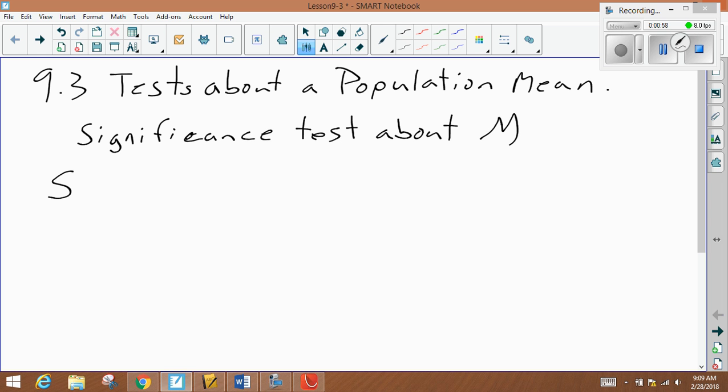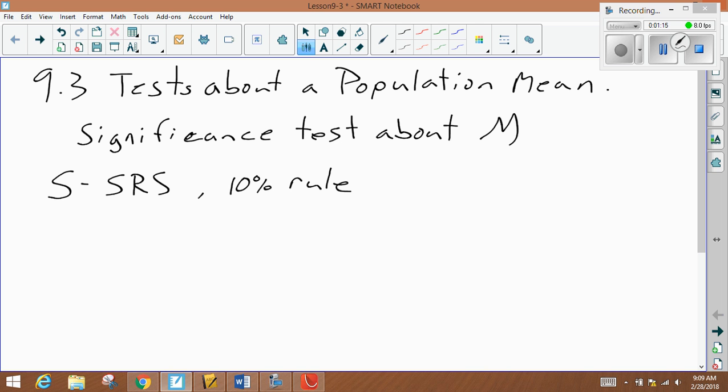Obviously, for our S, we'll want to know that it's a simple random sample. And this doesn't change at all. We need to check the 10% rule. Do it for every test.